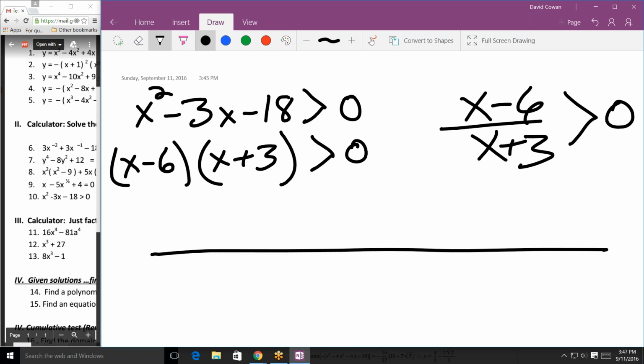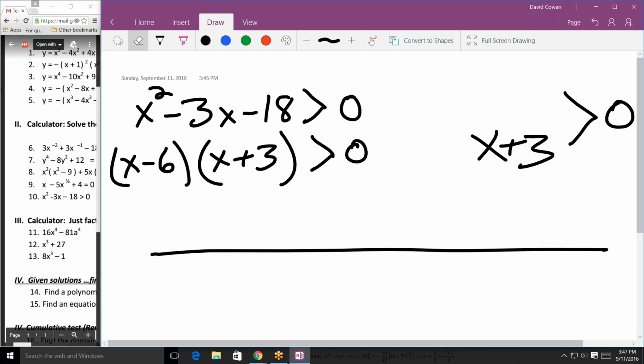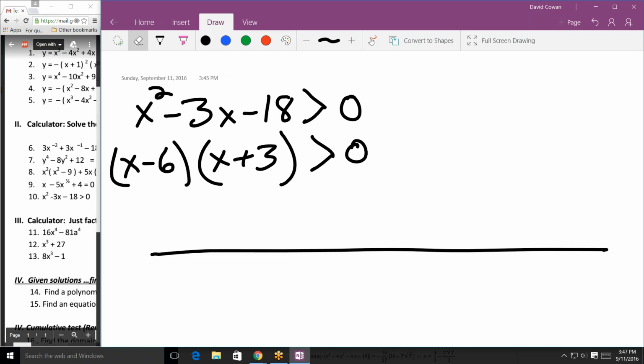If I wanted to solve that, I would need a line chart. So remember line charts, because they're going to be needed to solve any problems like this, whether you have two linear terms multiplied or divided together.